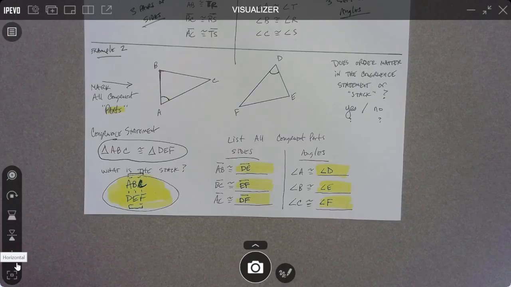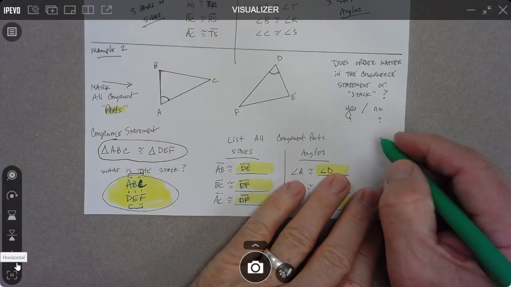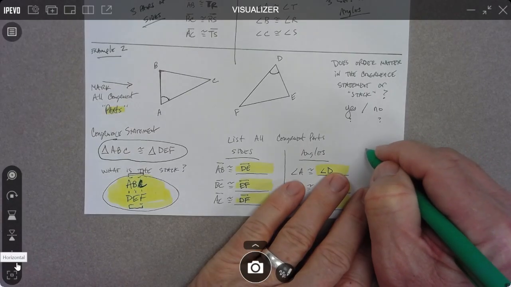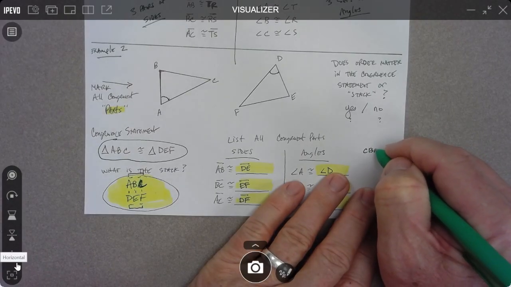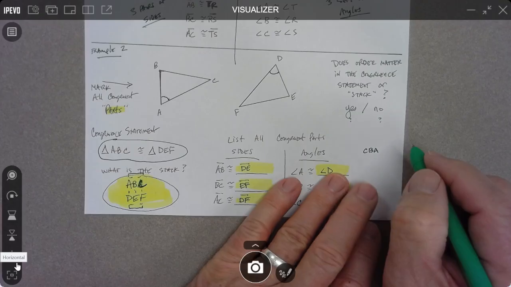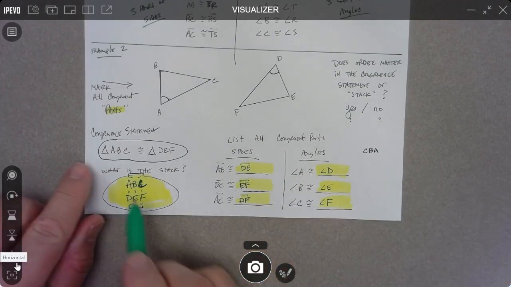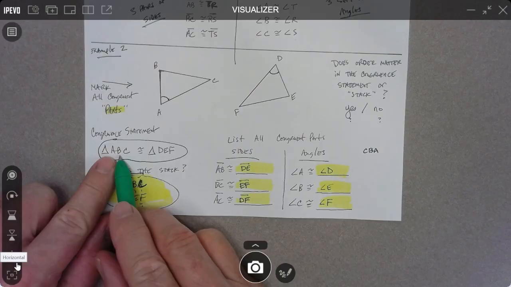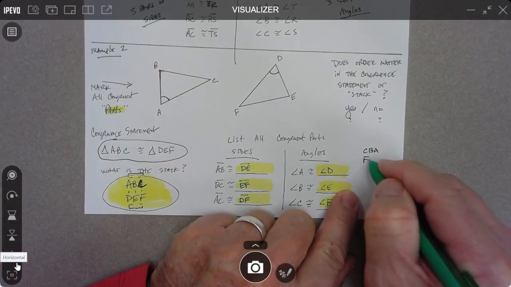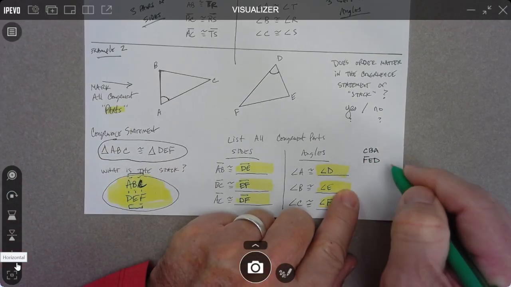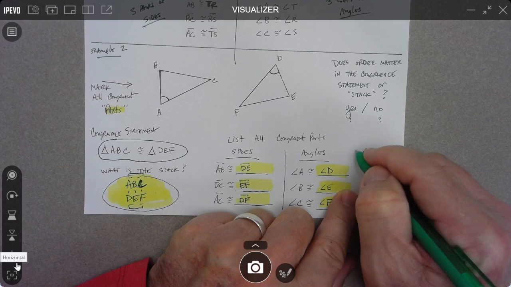Okay, so Jack's question is if they went CBA, could we still make a statement that would work? And the answer to that question is, if CBA, then I would have to write FED, right?